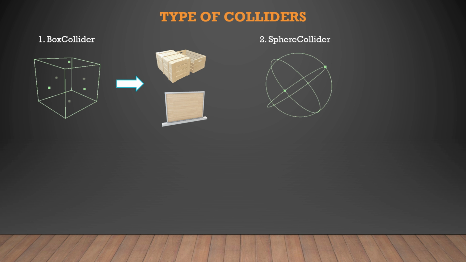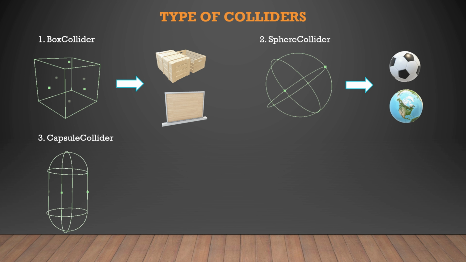It creates a spherical collision area around an object, perfect for handling round or circular shapes. In 2D games, you can use the Circle Collider 2D, which is specifically designed for circular objects in 2D environments. This type of collider is great for objects like a bouncing ball, planets, or any other circular shape in your game. And third, capsule collider.